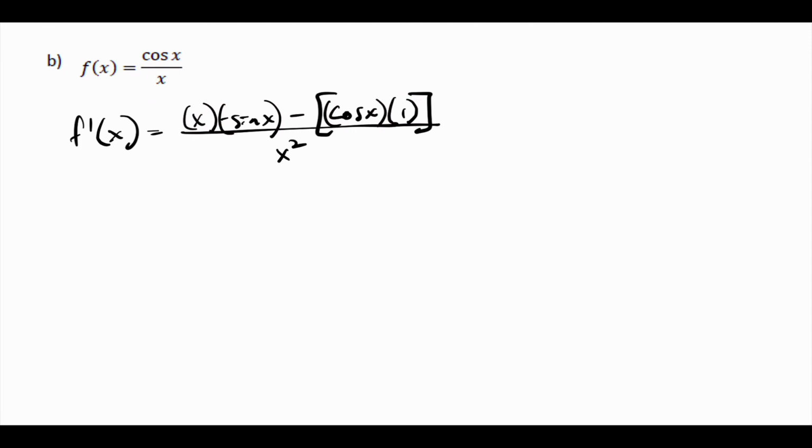Okay, so clean it up. I'm going to move the negative to the front, so I get negative x times sine of x minus, multiply these two guys, I just get cosine of x over x squared.